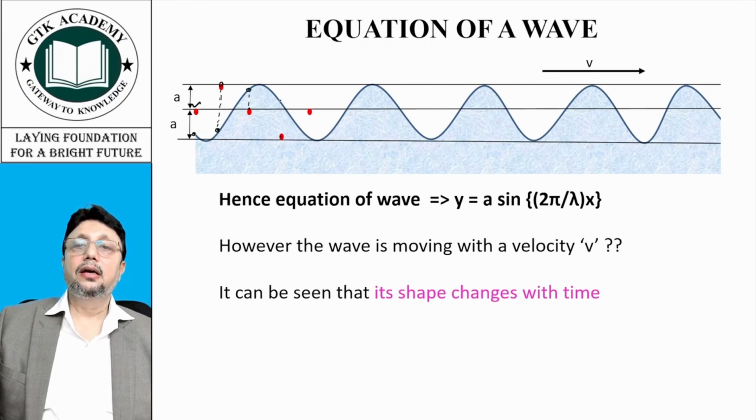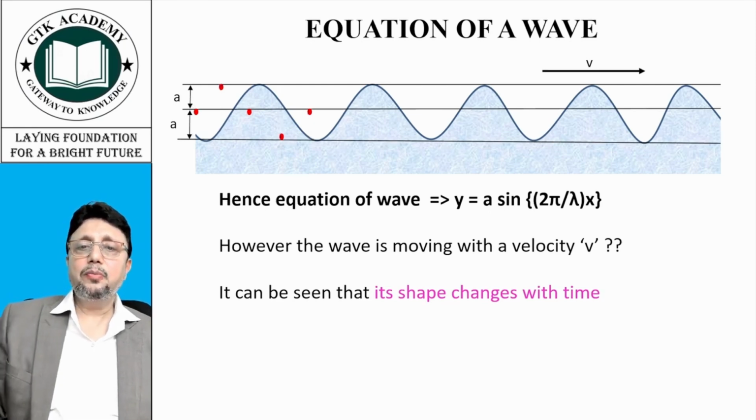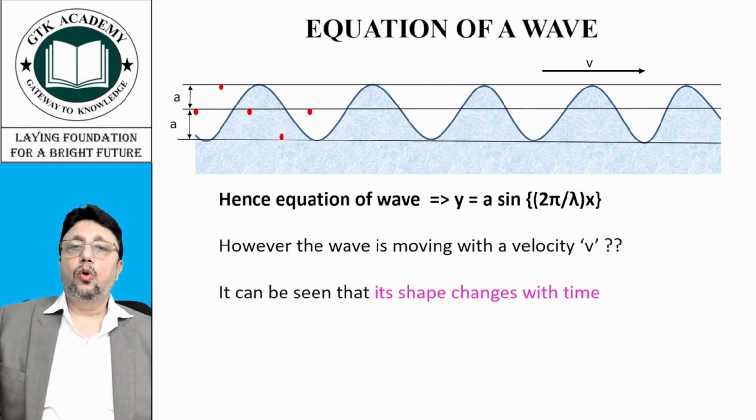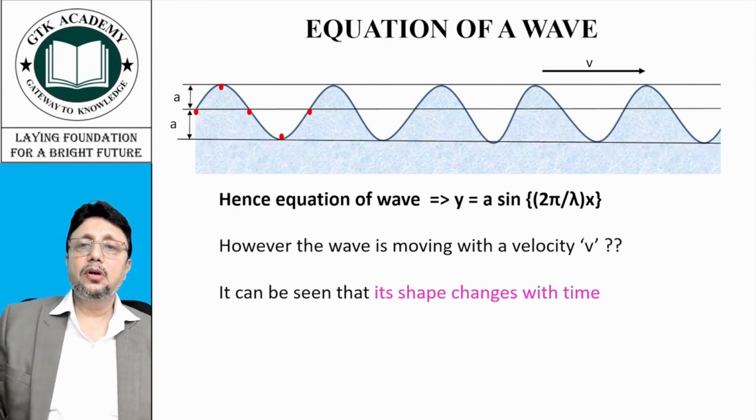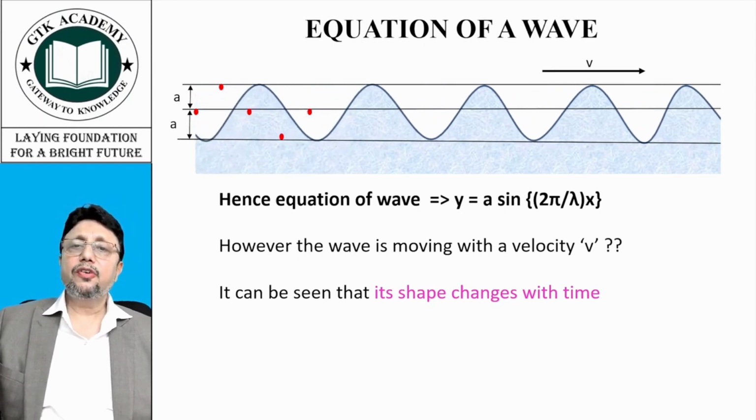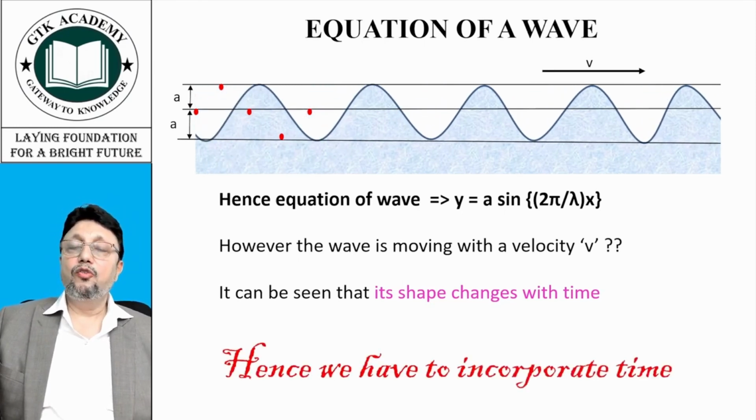This particle has moved to this position, and this one is now in this position. That means whatever equation we got till now represents only positions at a particular time. That means at some time this is the position, but at another time the position is different. That means we have to incorporate time.